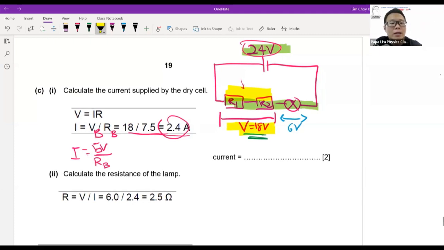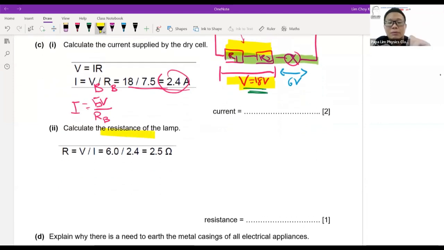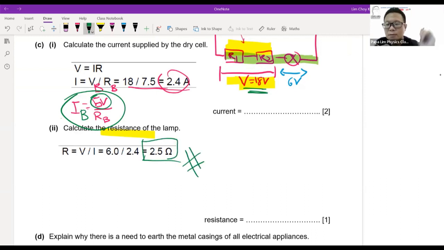True enough, I actually want to find the resistance of the light bulb. Once I have this equation, with the current through the bulb and the voltage of 6 volts, I can calculate the resistance of the light bulb, which is 2.5 ohms. For circuit questions, take note that there are a few ways to solve.